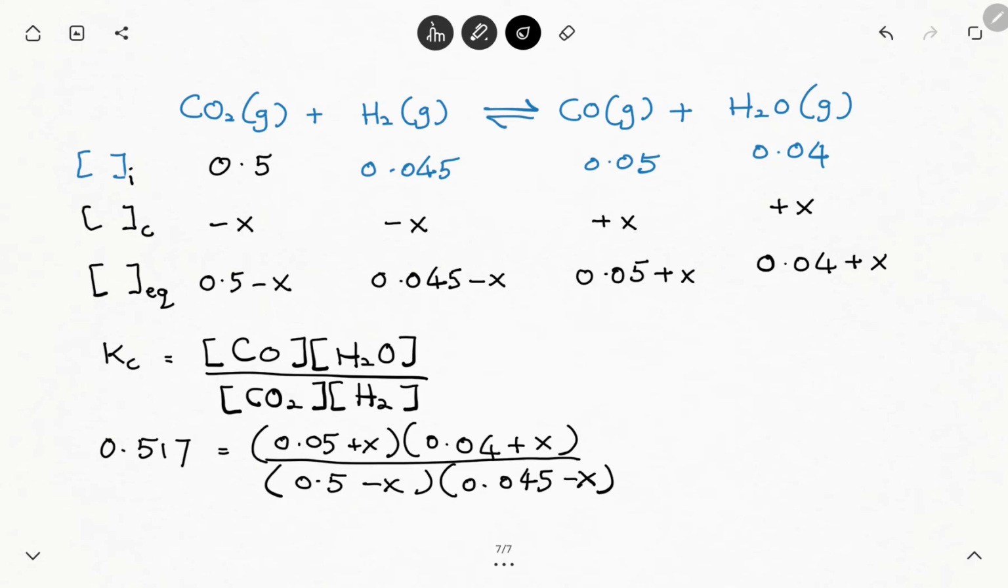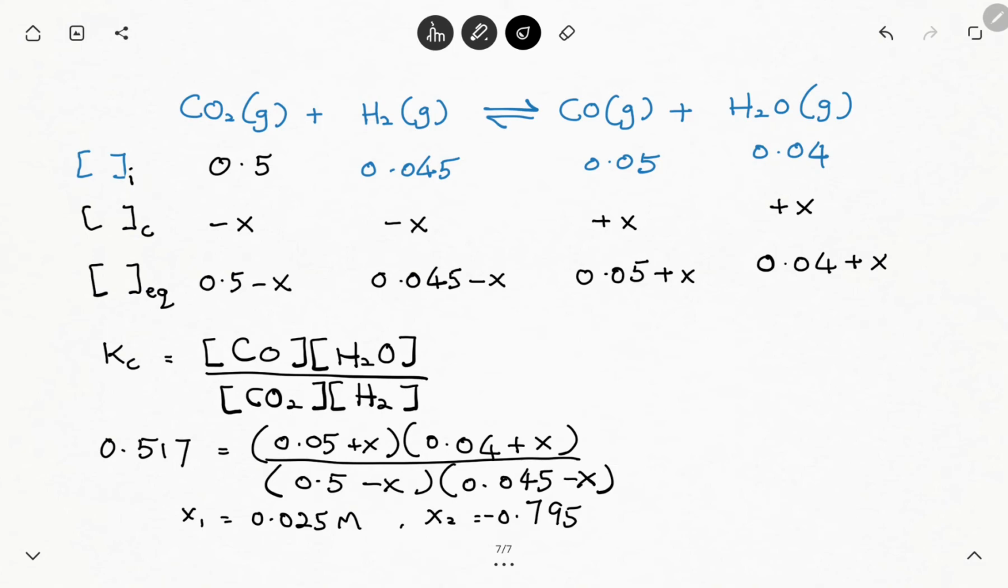In this case you need to solve for X using the quadratic equation. So we will get X1 equals 0.025 and X2 equals negative 0.795.